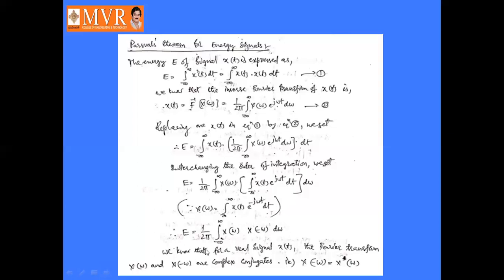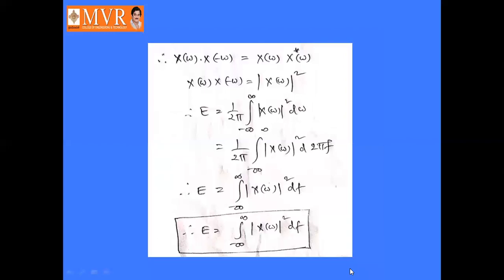We know that for a real signal x of t, the Fourier transform x of omega and x of minus omega are complex conjugates. That is, x of minus omega equal to x star of omega. So x of omega into x of minus omega equal to x of omega into x star of omega, which is nothing but mod x of omega square.